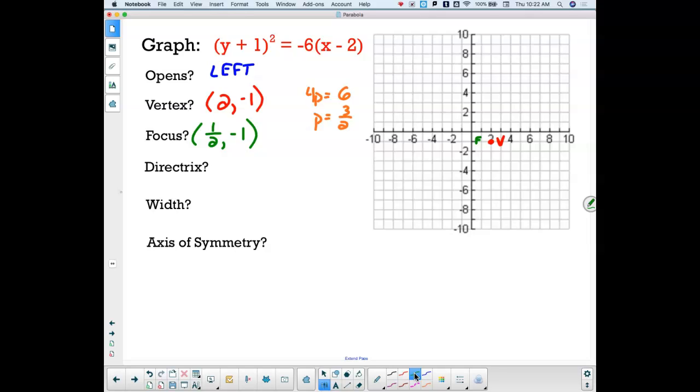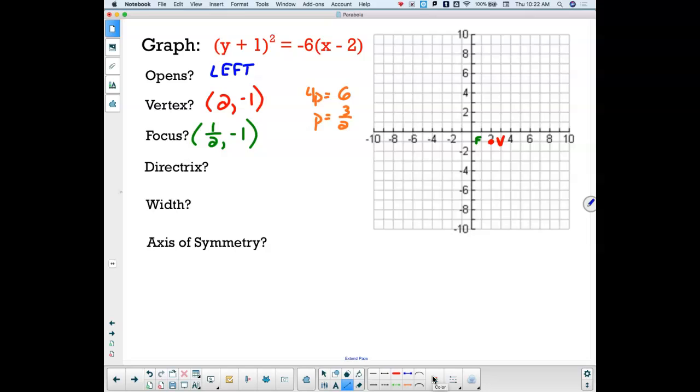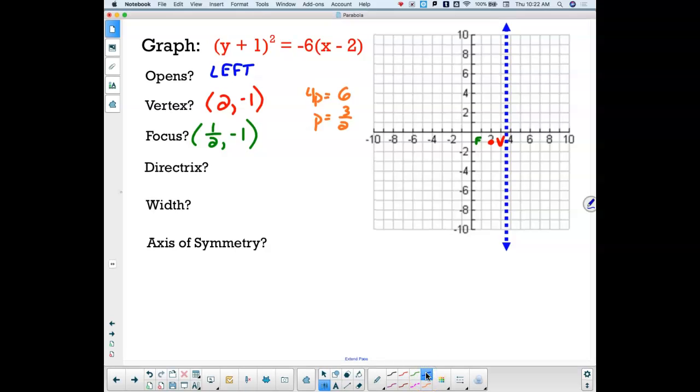My directrix is going to be 1.5 to the right, which is going to be right there. That is the line x equals, so 1.5, that'd be 3.5, so we'll call that 7/2.